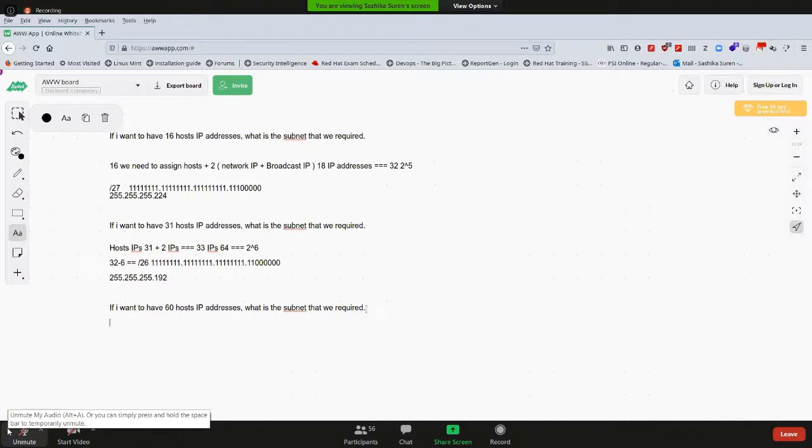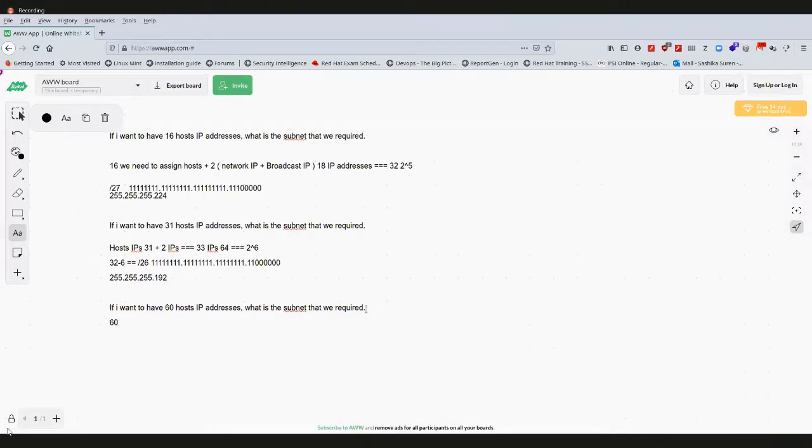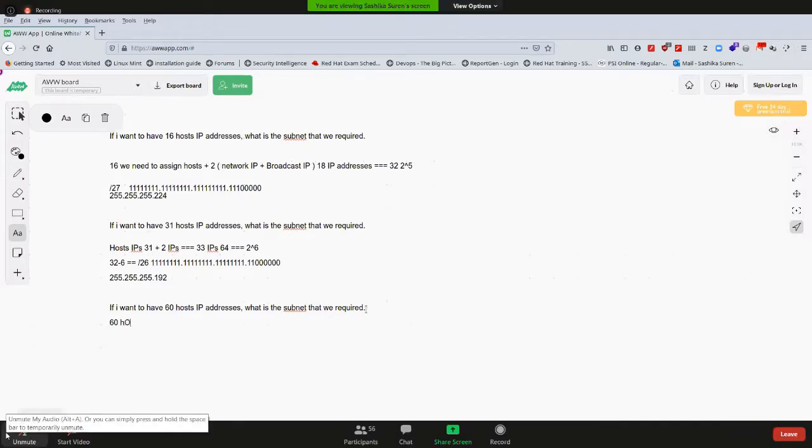The last one is 60 host IP addresses, and you require another 2 extra IPs for the reserved ones. That is 62 IPs, we can take 64, right?